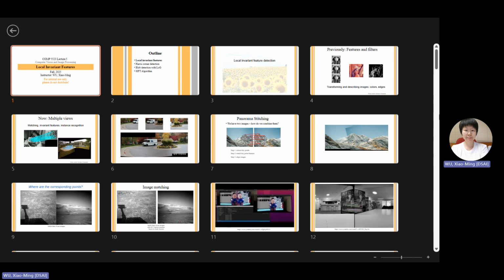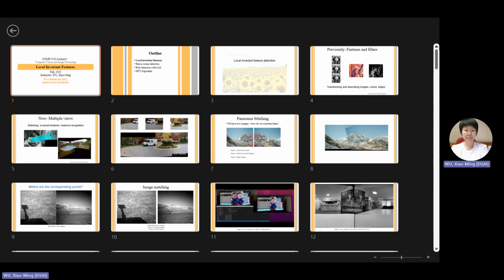The first few lectures are more relevant to image processing, but of course the convolutional filters and all those concepts are fundamentals for CV. And we will do another lab assignment next week, the image stitching task.